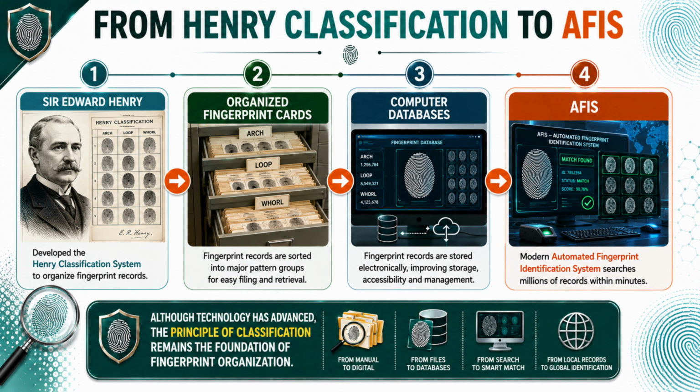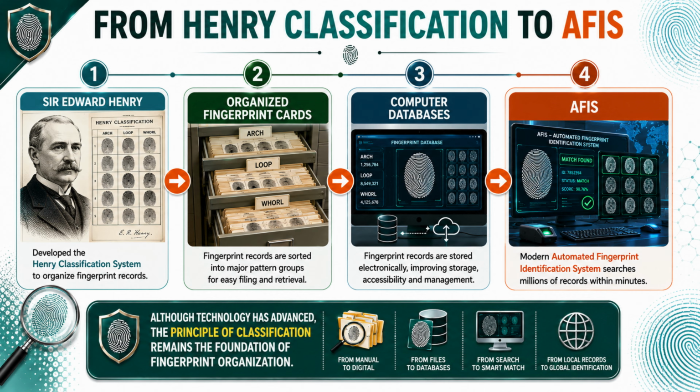Instead, the fingerprint is first classified. If it is identified as a loop, investigators immediately exclude all arch and whorl records. This simple step drastically reduces the number of possible matches. Only after narrowing the search do experts compare each characteristic. Thus, classification acts as the first filter in fingerprint identification.